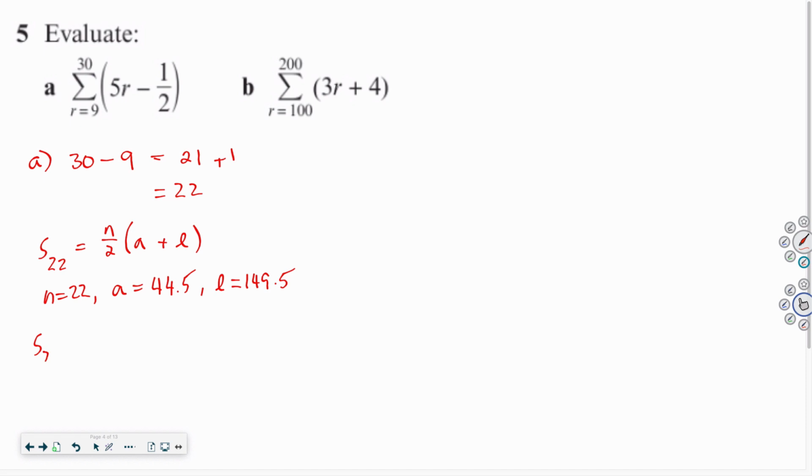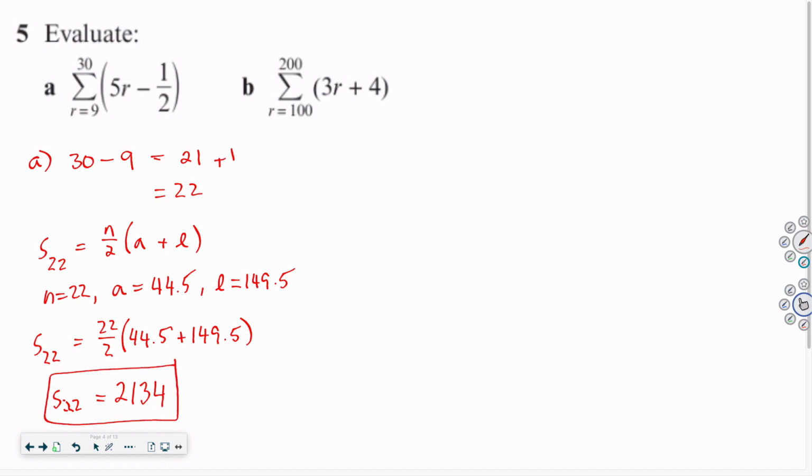So doing the sum of the 22 terms, that's 22 divided by 2 times (44.5 plus 149.5), and when you put that in your calculator, you get 2,134, and that is your final answer.